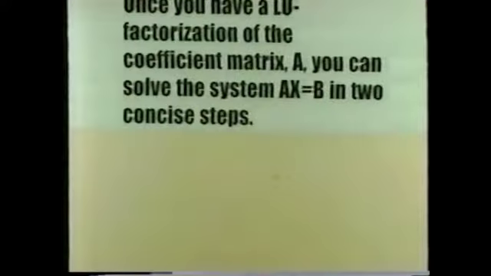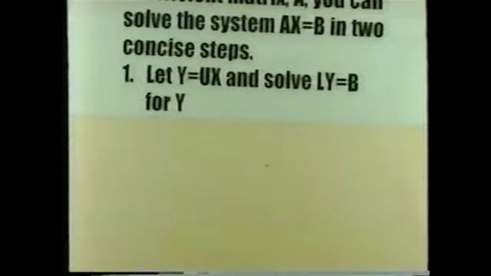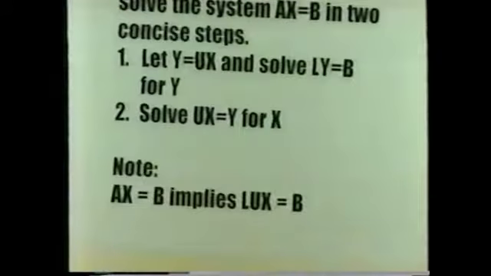In step 1, you let y equal to UX and solve LY equal to B for y. So this is just substitution solving. Step 2, you solve UX equal to y for x.